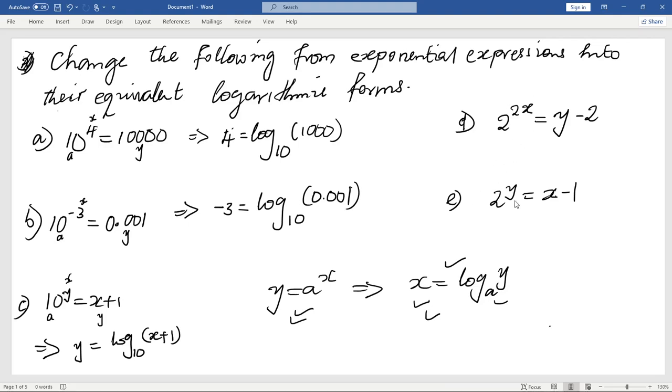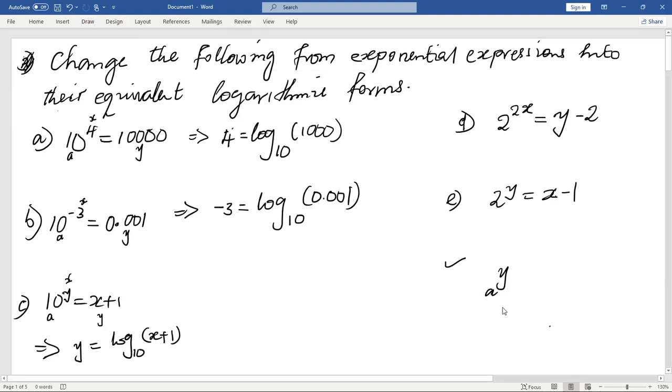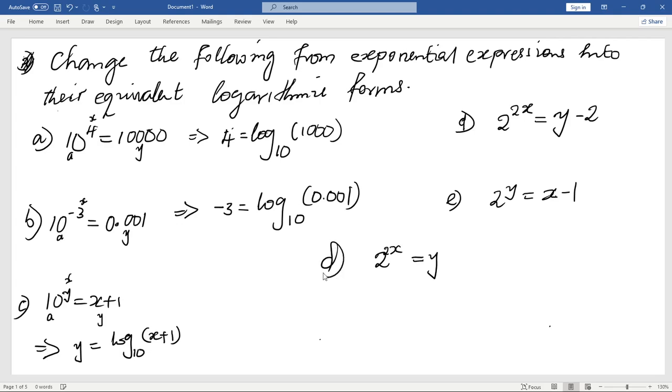So now, for d, let me just erase what we have here, then I work out d. Okay, so for d here, we have 2 to the power 2x equal to y minus 2.